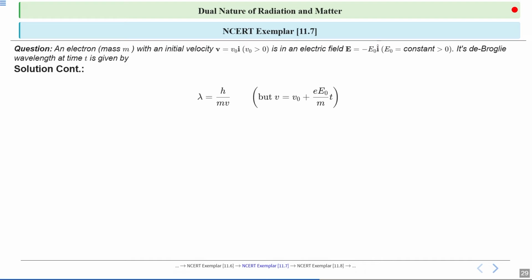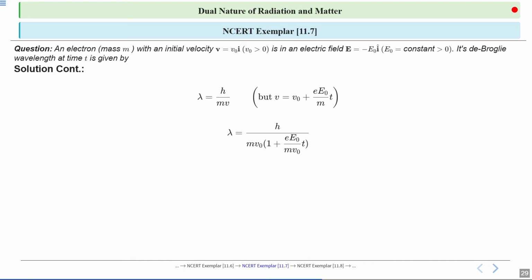Here the electron is in an electric field. Its velocity changes with time. The new velocity at time t is v naught plus e capital E naught upon m t. This is the magnitude of the final velocity. Okay, so for putting the value of final velocity, we are not taking direction, only magnitude, because wavelength does not have direction. That's why we are taking the magnitude of final velocity.